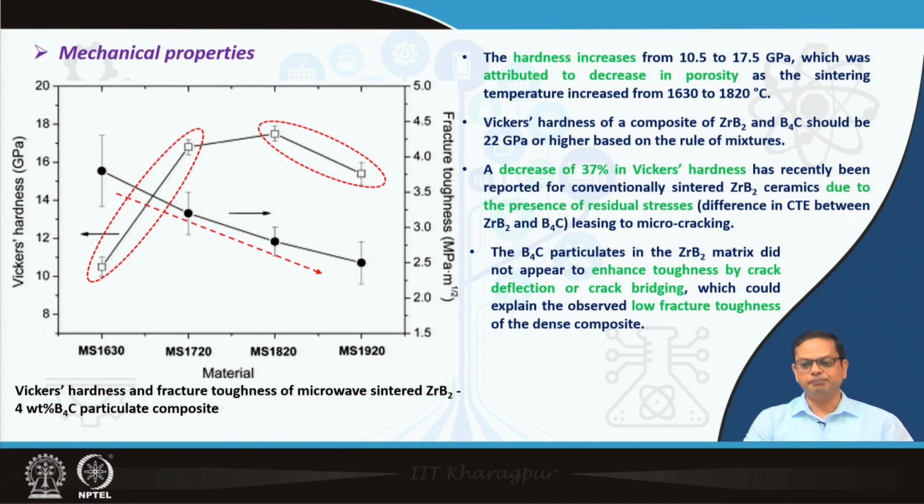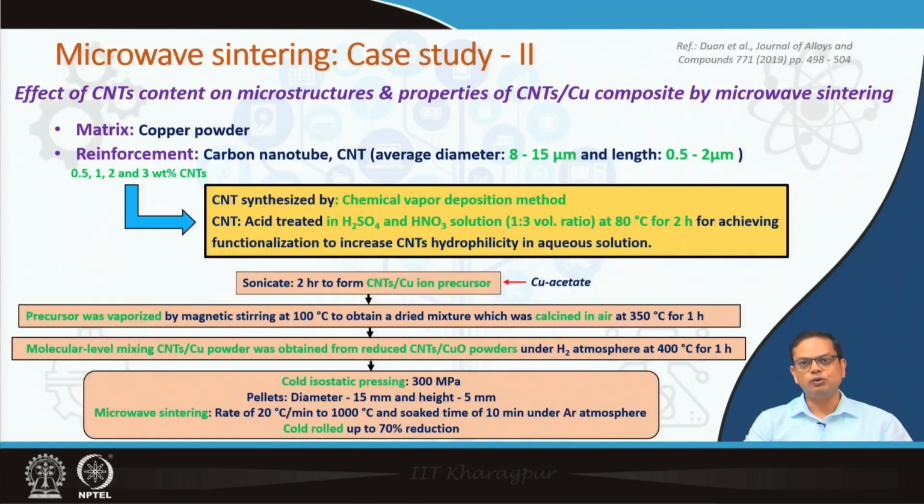Let us take an example where metal matrix composites could also be made by microwave sintering. In this case, the matrix is copper, as you can see from here, and the reinforcement is CNT particles, carbon nanotubes.